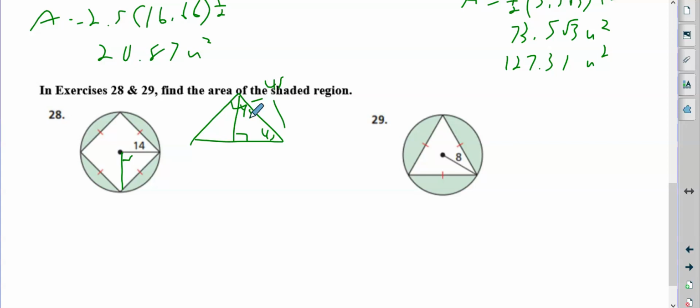So if this is 14, then the legs are 14 divided by root 2, which we have to rationalize. So that's 14 root 2 over 2, which means 7 root 2.